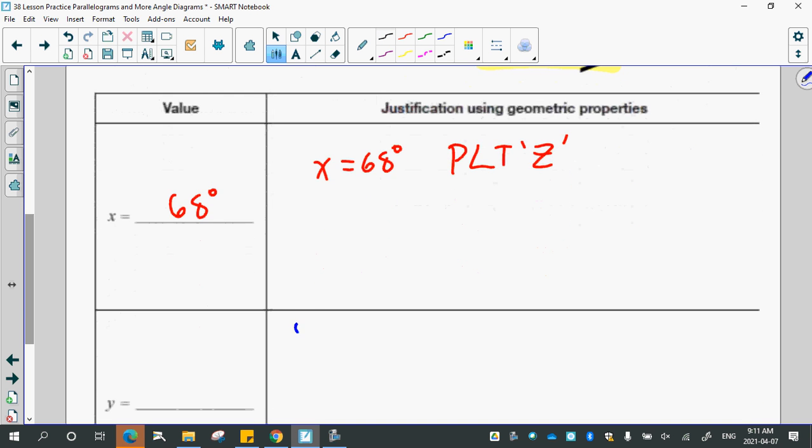Either way, you're going to get the right answer, so I'll do the second way. y plus 68 degrees plus 90 degrees equals 180 degrees, and that would be ASTT.